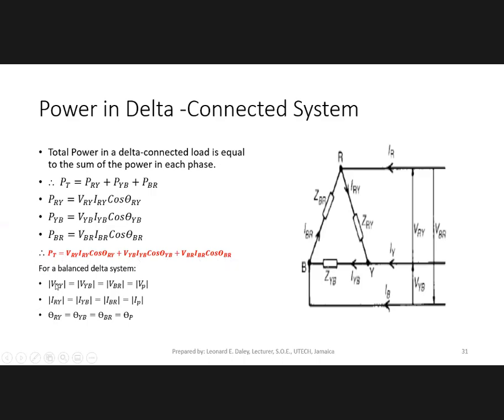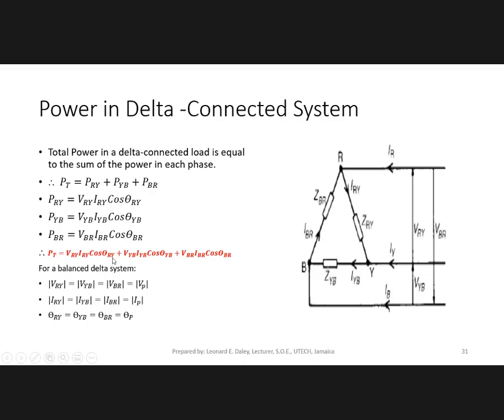Now remember, for a balanced delta system, this is the general formula. If we look now at a balanced system, the magnitude of the phase voltages are the same, and they are equal to VP. The magnitude of the phase currents are the same, and they are equal to IP.